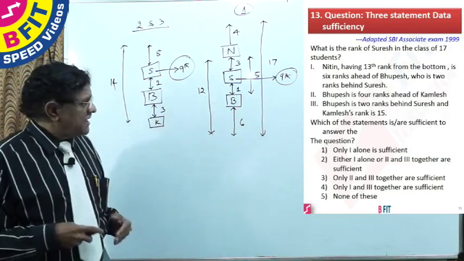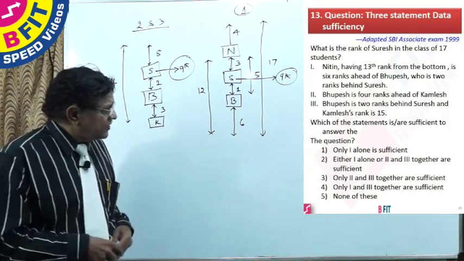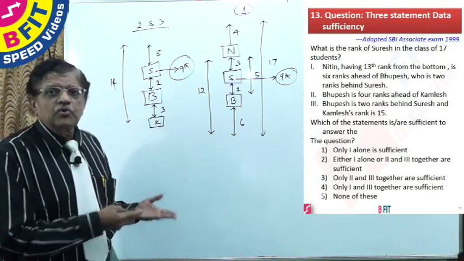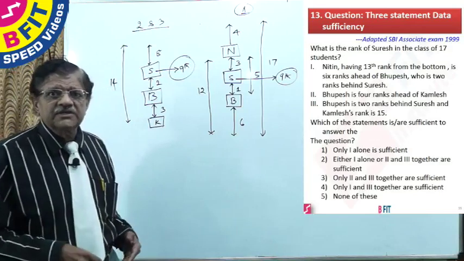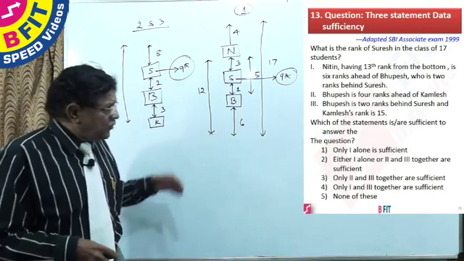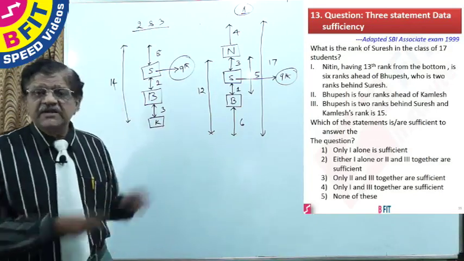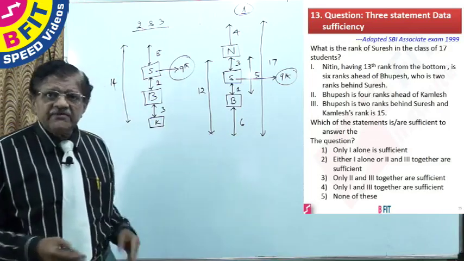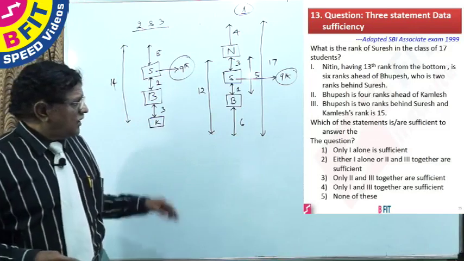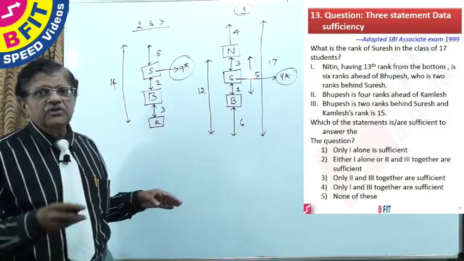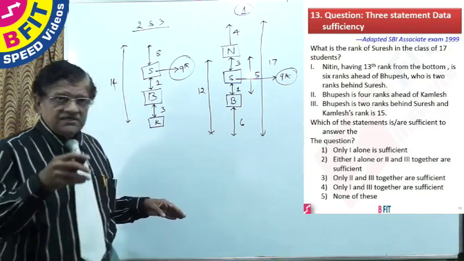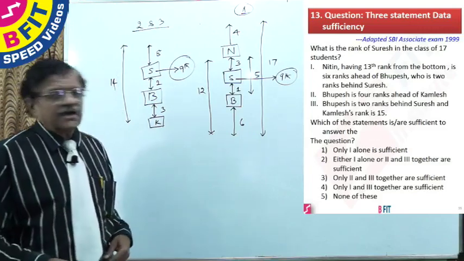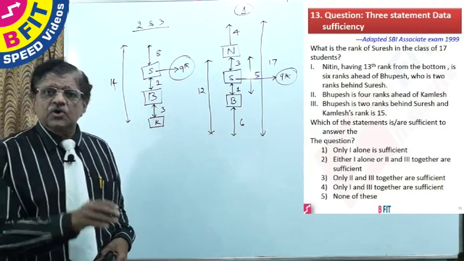That being the case, to say only 1 and 3 together are sufficient is again wrong. From what we have already arrived at, we can come to the conclusion.